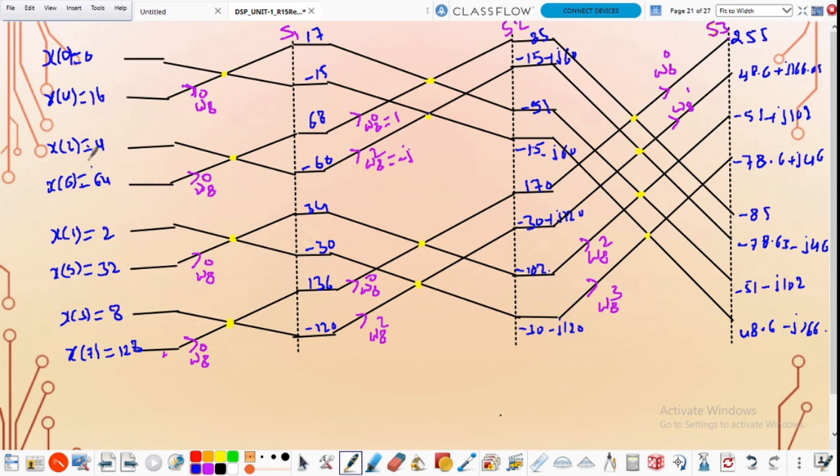Okay, so according to the definition of the DIT butterfly diagram, the input sequence is in shuffled order. What is that shuffled order? This is the shuffled order, and the output sequence is in natural order. So this is x of 0, this is x of 1, x of 2, x of 3, x of 4, x of 5, x of 6, and x of 7.